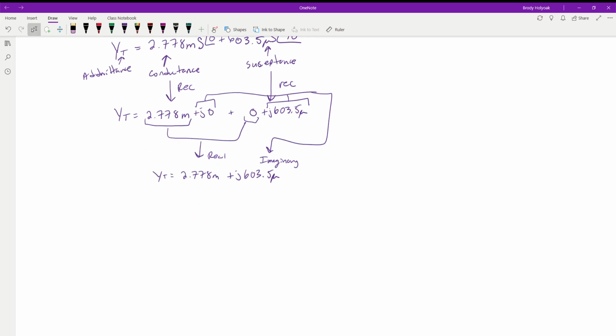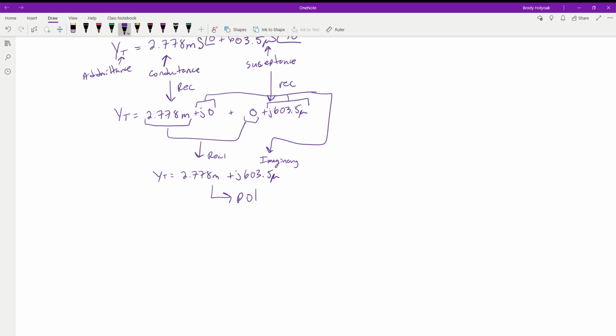Okay, now that's good. Now what we want is this total answer in impedance, which means we're going to have to take the reciprocal of this whole equation again to go back into impedance from our admittance. Since we're doing division, this one needs to get turned into polar notation.